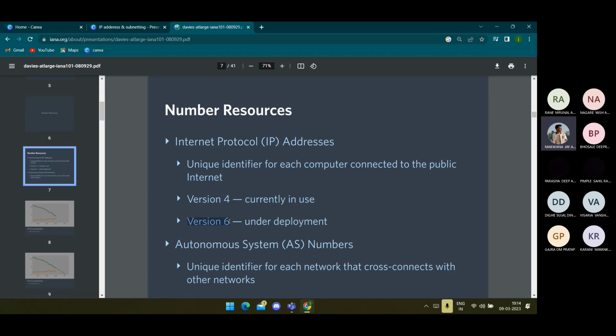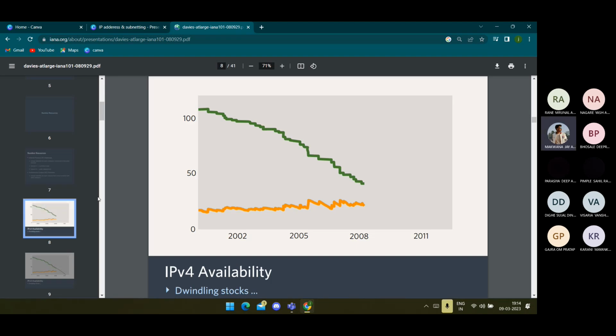I guess Geo Reliance uses version 6 in their company, and this chart shows that IPv4 is now exhausting, that there are no more IPv4 addresses to provide to new devices connected to the network. So they have made IPv6, that is version 6, so more and more devices can join the network.